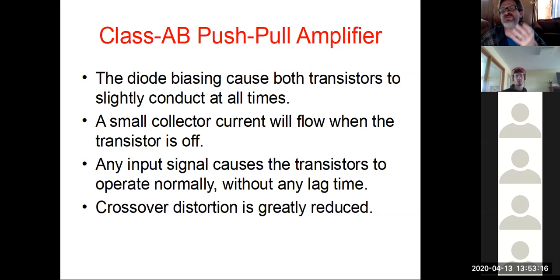Because in classic push-pull, when you turn the NPN on, you're turning off the PNP and vice versa. Well, with the diode going in there, remember, we have that 0.7 volt drop across the diode at all times. So what that'll do is it still keeps the PNP on while the NPN's running and vice versa, but not fully on, if that makes any sense.